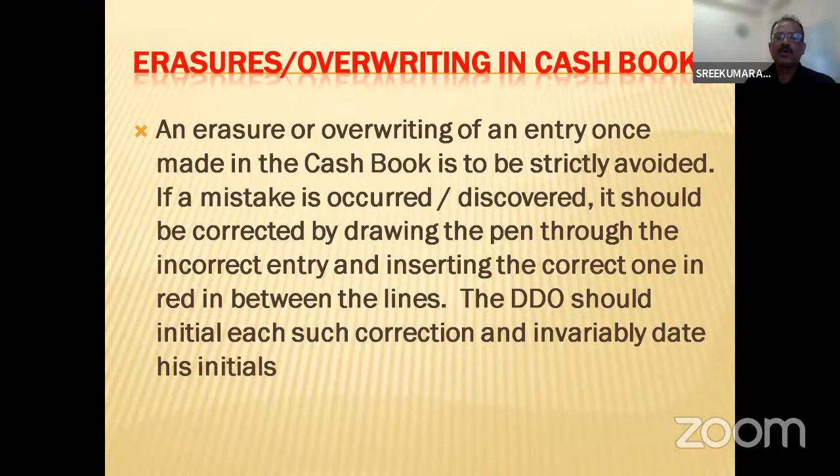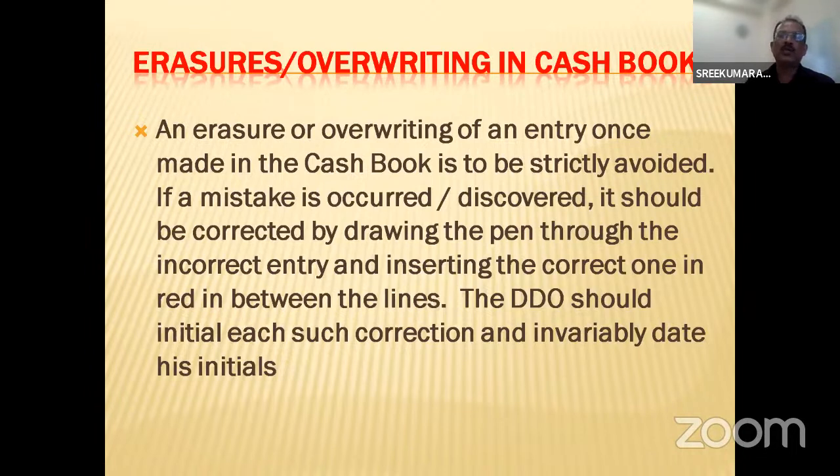If a mistake has occurred or is discovered, it should be corrected by drawing the pen through the incorrect entry, just scoring it, and inserting the correct one in red. You have to write the correct one in red in between the lines, so in between the two lines or on top of the scored one, you have to write afresh.